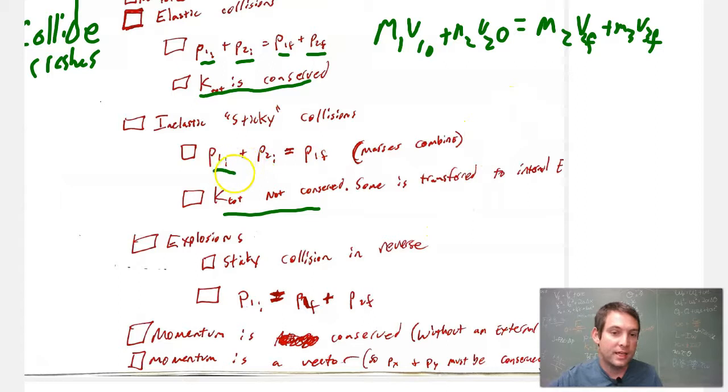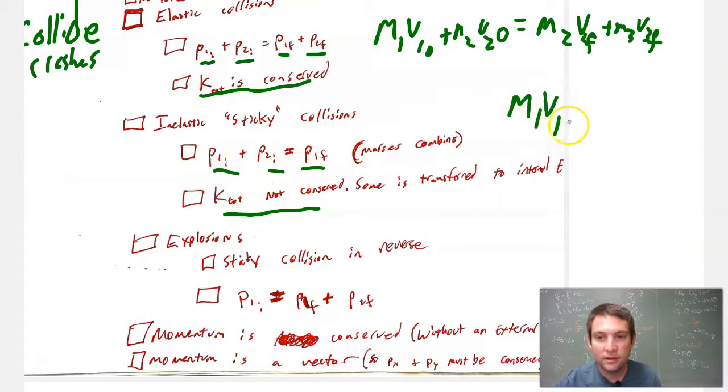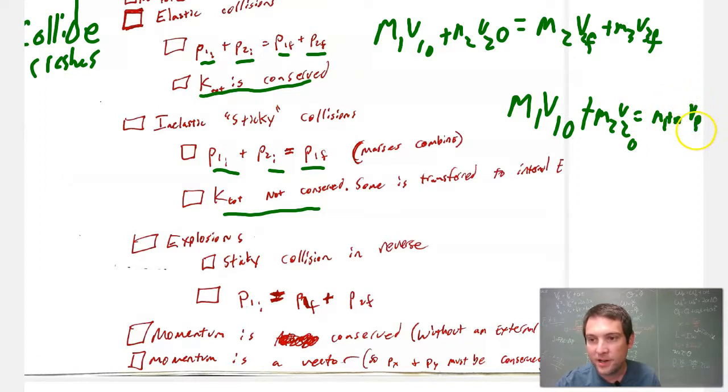So for the perfectly inelastic collision, you're going to have M1 V1 naught plus M2 V2 naught equals M1 plus M2 times the final speed of both of those combined masses. For an explosion, it's this same equation but in reverse.